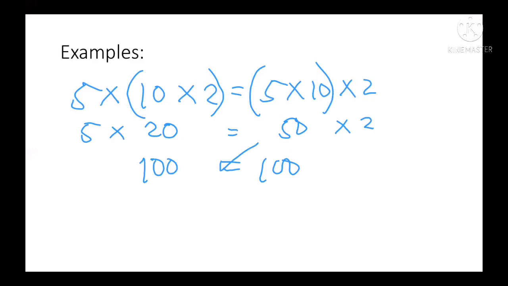Whatever the group you choose, the answer is still the same. This is different from the commutative property, because in commutative property, whatever the place of the number, the answer is still the same. But in associative, whatever the group of numbers you choose, the result is still the same. What if I give you a blank?